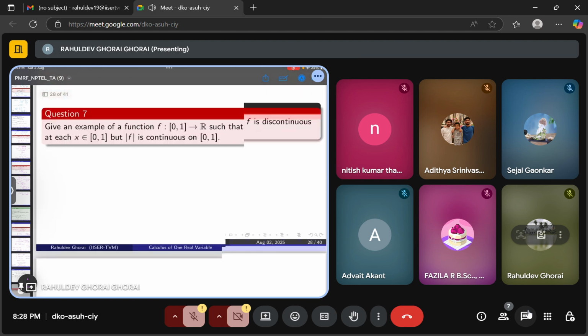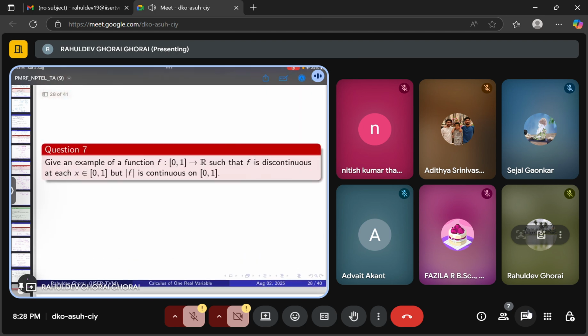Let's move ahead. Okay, this is another interesting example. Try to find out: if f is continuous, then all of you know modulus of f is continuous. If you don't know also, let's remember f is continuous implies modulus f is continuous.